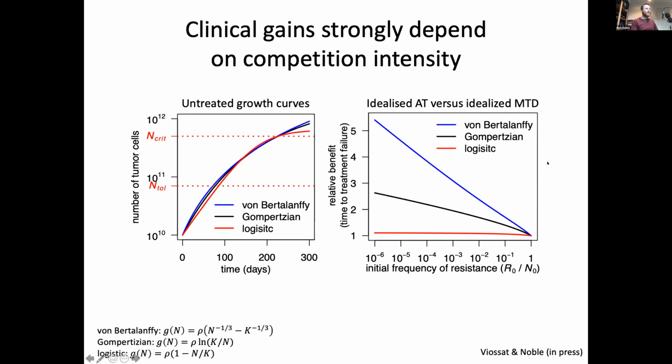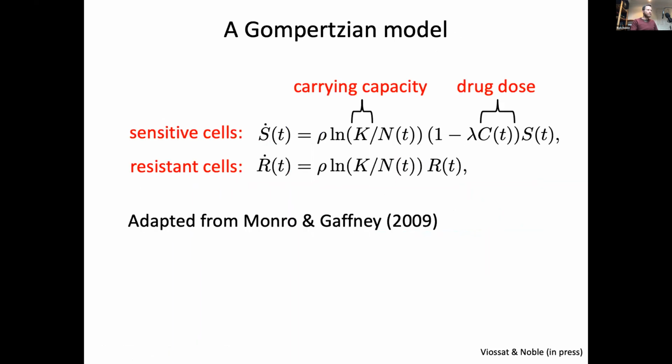So the message here is that the model really matters. All of these models predict that the containment strategy is better than maximum tolerated dose, but the size of the gain really depends on the extent of competition.